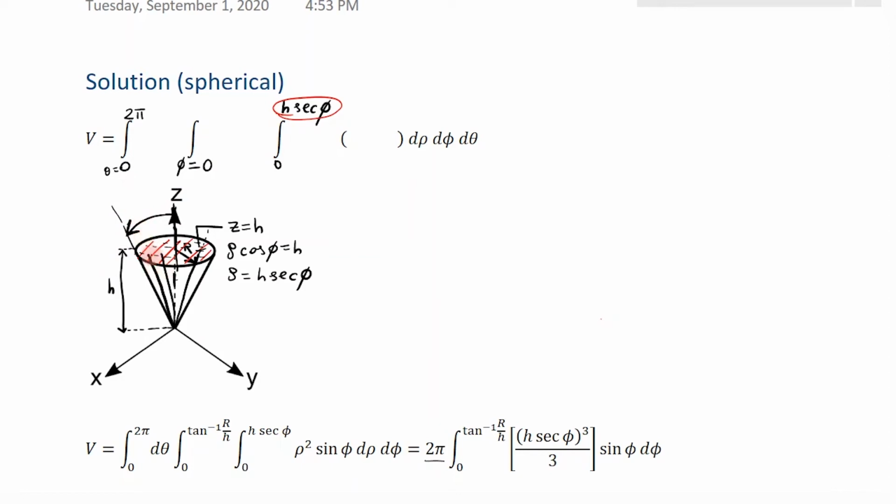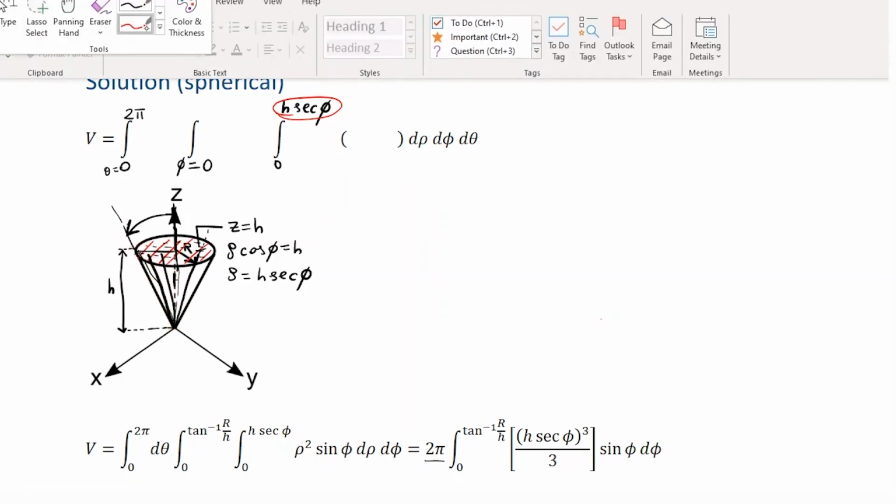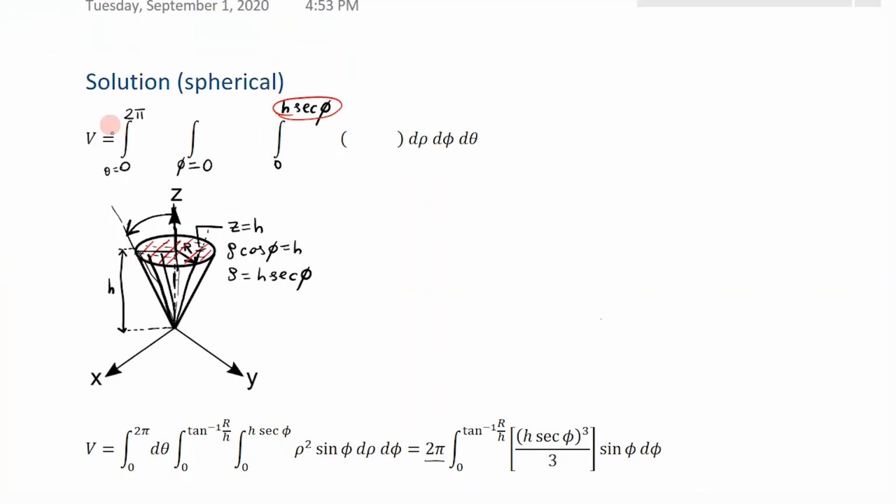We know that if we look at this triangle, let me make it a different color. Let me make it cyan. If we look at this triangle, we see that its height is h, and this is r, and this is 90 degrees, and this angle is the one we need.